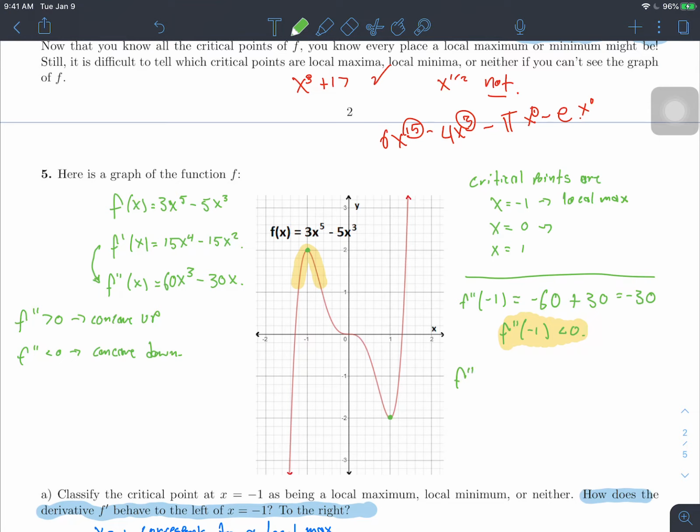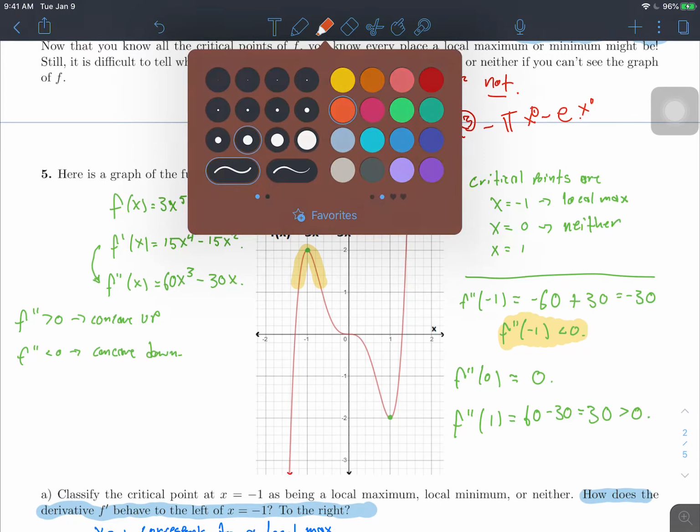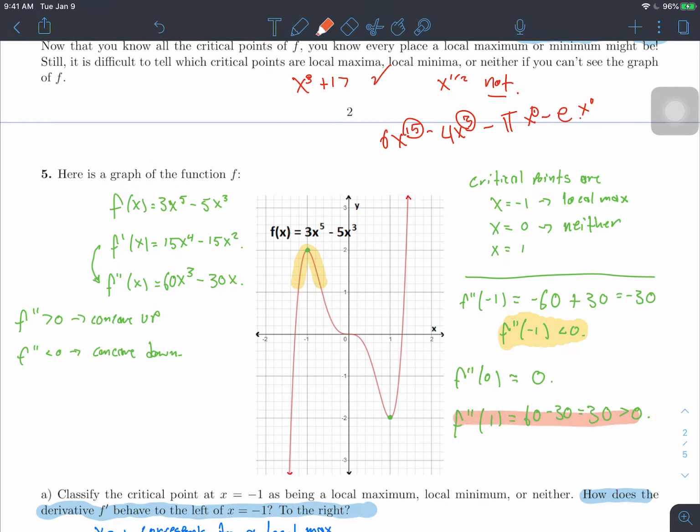All right, let's try f double prime of 0. You get 0. Okay, so that doesn't tell us anything. And f double prime of 1, we'll get 60 minus 30 equals 30, and that's larger than 0. So f double prime larger than 0 is telling us that we have concave up at that critical point, which is telling us that we have a local min.